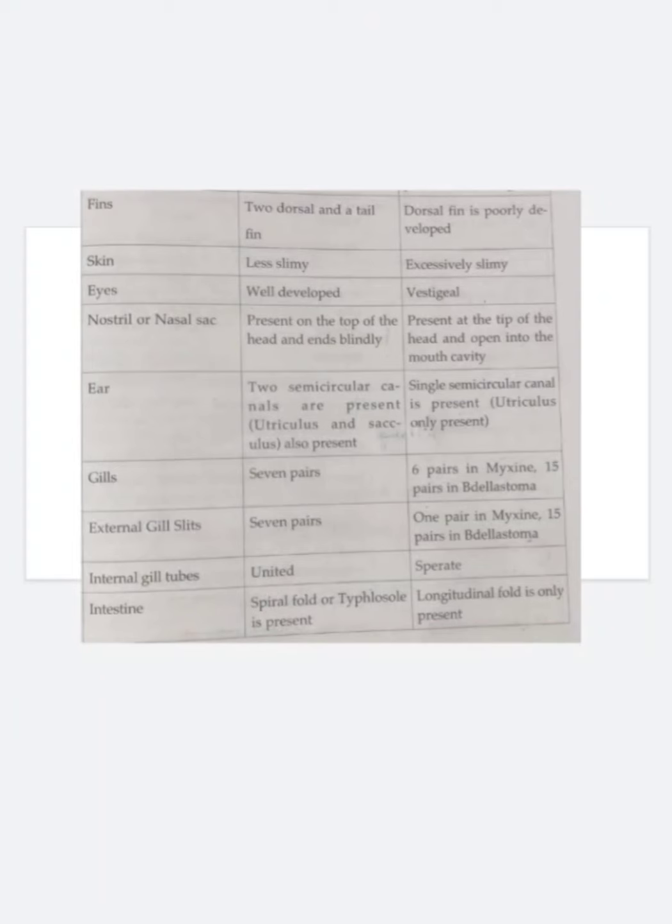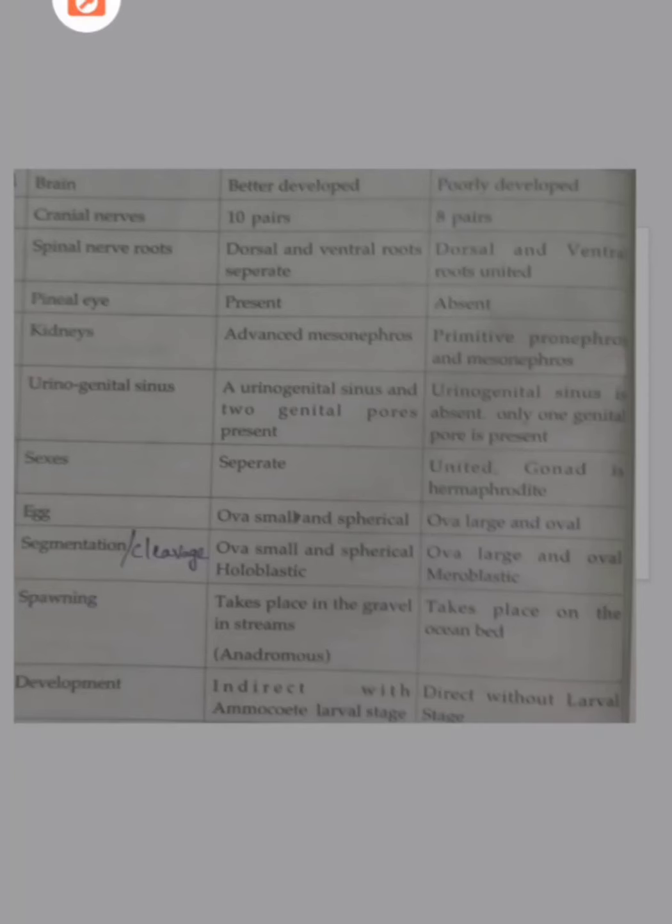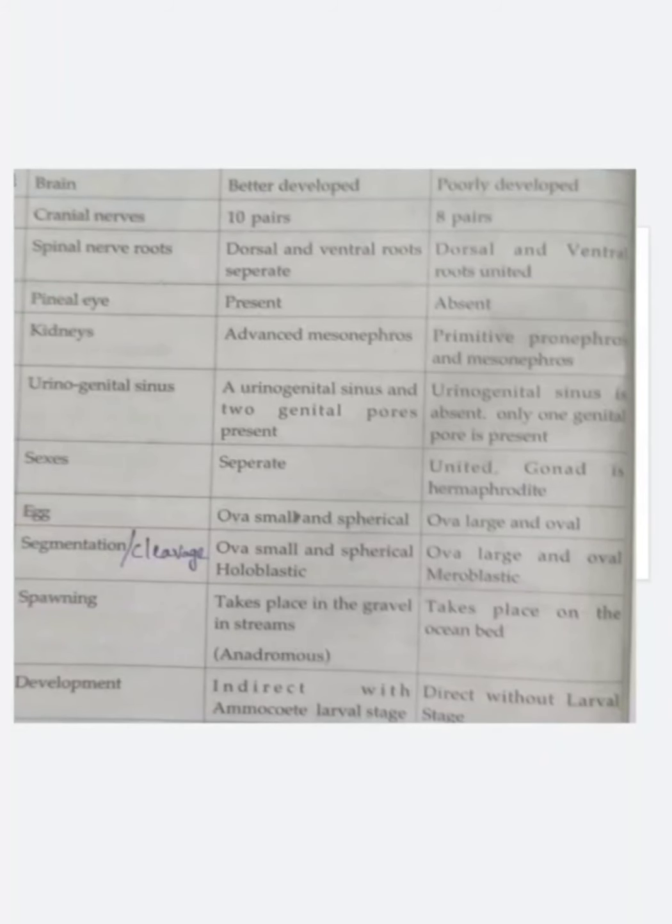And the intestine has a spiral fold, also called the typhlosole, in Petromyzon, and the intestine of Myxine has only a longitudinal fold. Then coming to the brain, in Petromyzon the brain is well developed and a distinct structure, and in Myxine it is poorly developed.